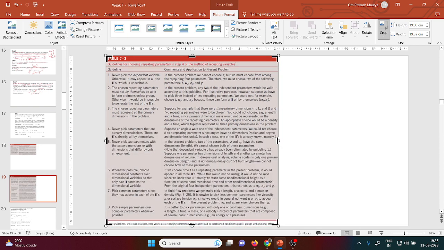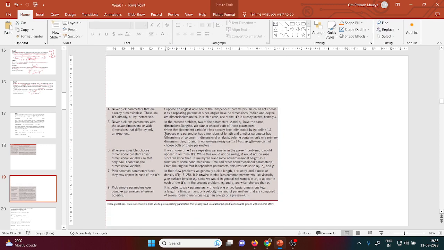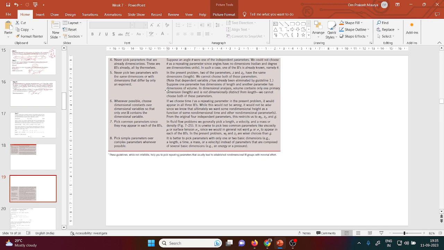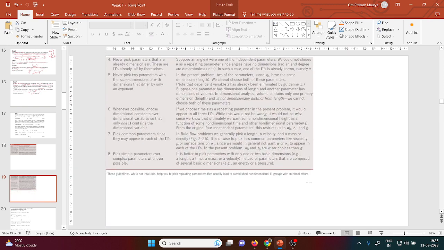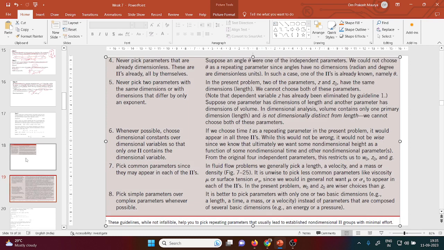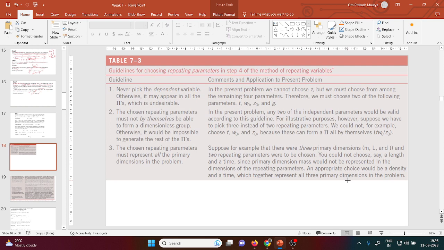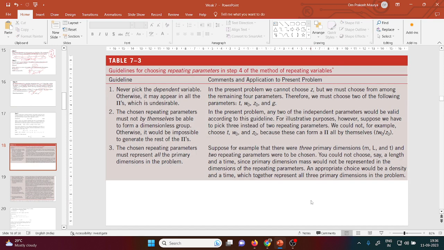One line is written here. Now I think it is visible. Yes, sir, much better.